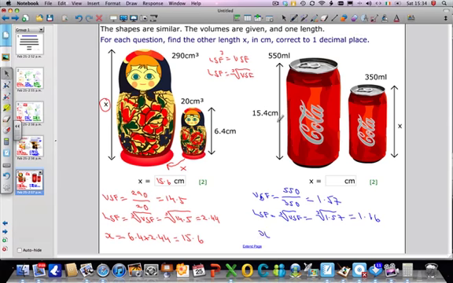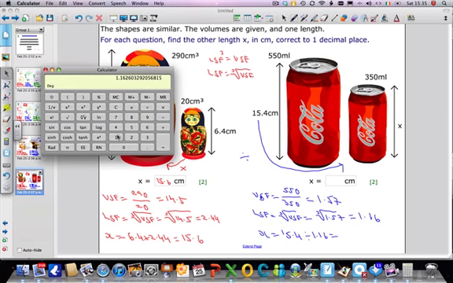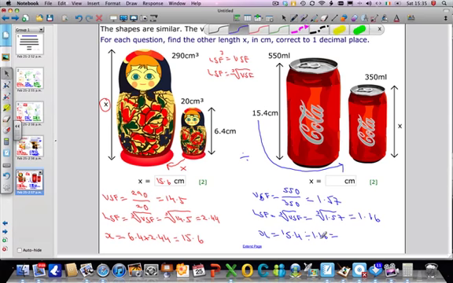If you notice here, we have the big side, we're going to a small side, so we're going from big to small. This time we're going to divide. So x is going to be 15.4 divided by the linear scale factor, 1.16, and we get, to one decimal place, 13.3.